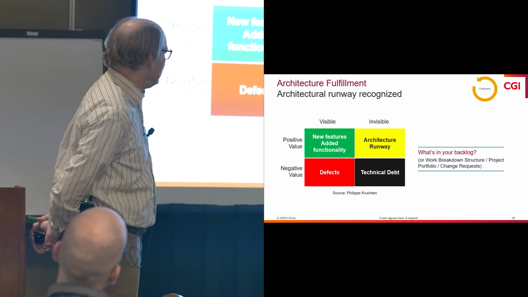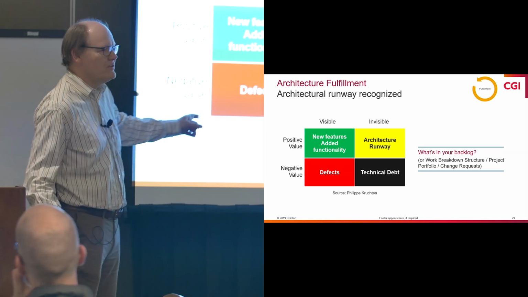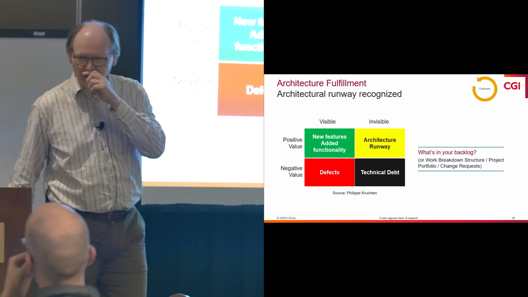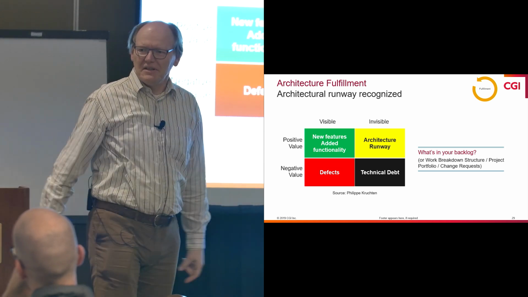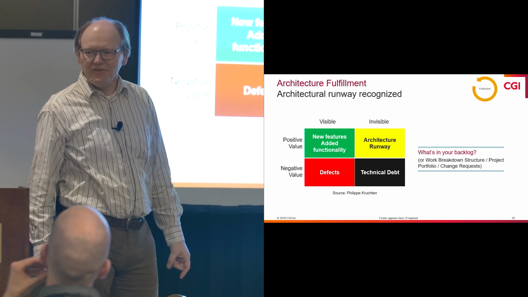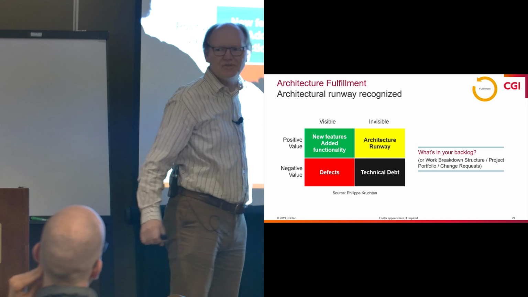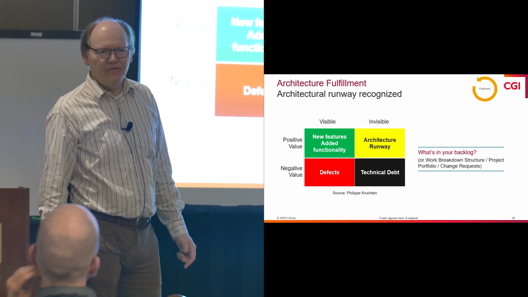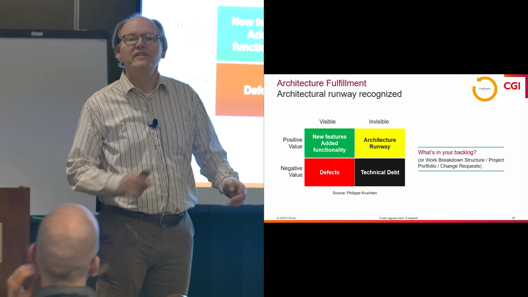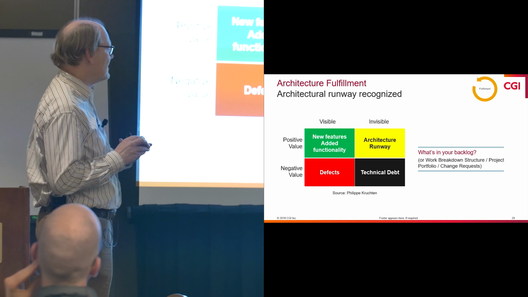And we are using here this model by Philippe Kruchten. And actually, Matthias showed a version that was rotated 90 degrees, and it had an iceberg in it to distinguish the visible from the invisible stuff. I really like that model. It also implied, by the way, that the invisible stuff is usually much more than the visible stuff, which I don't know if that's a good thing.